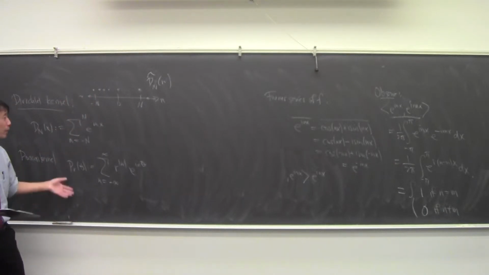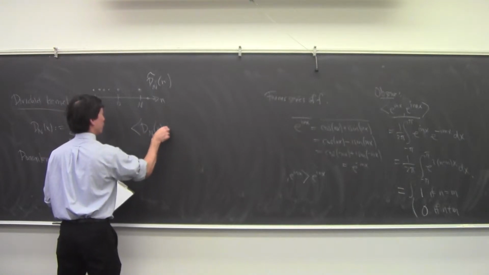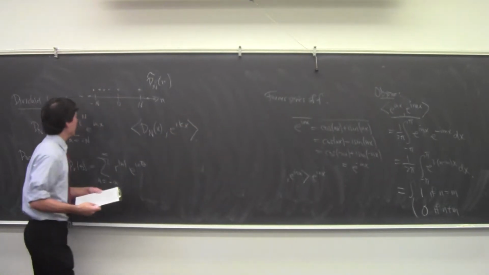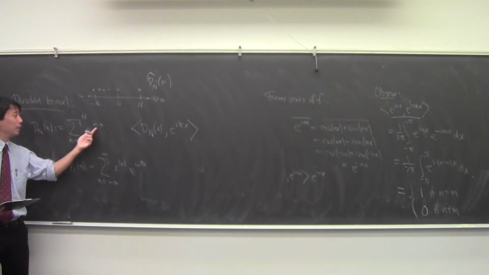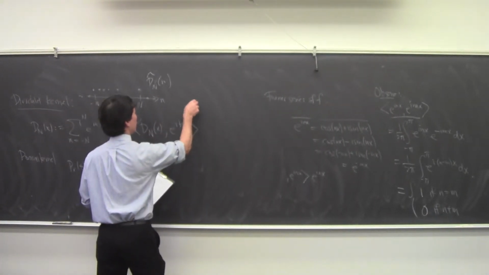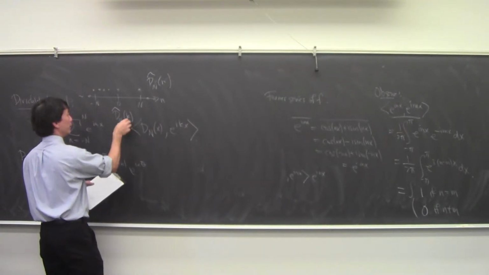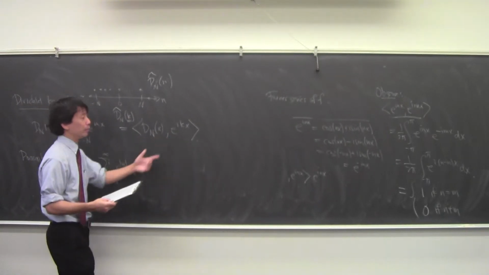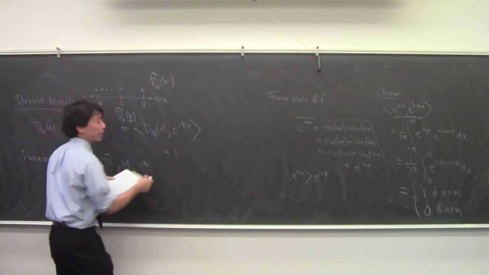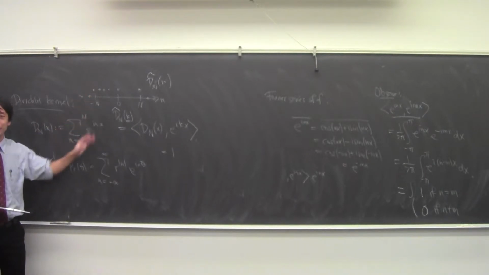Or we could have done it directly, by taking the inner product of D_n x against e to the i k x, and then we would have seen that if we're looking for the kth Fourier coefficient, everything is going to give us 0 except for the kth one, and we would get 1 from it. So we could have done it directly or just by looking at it.